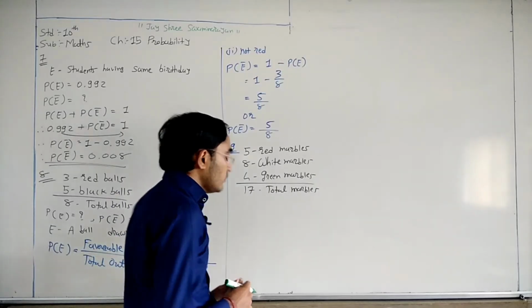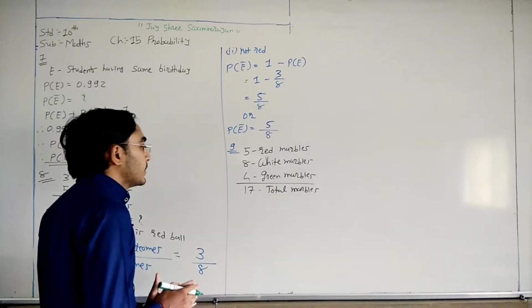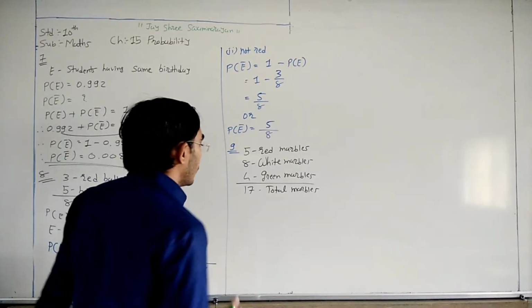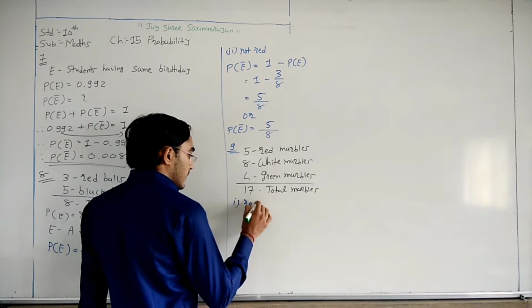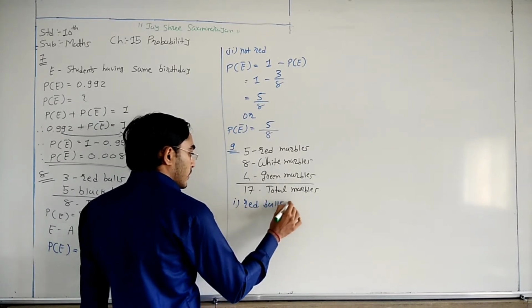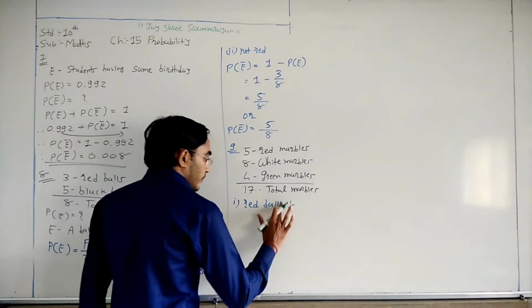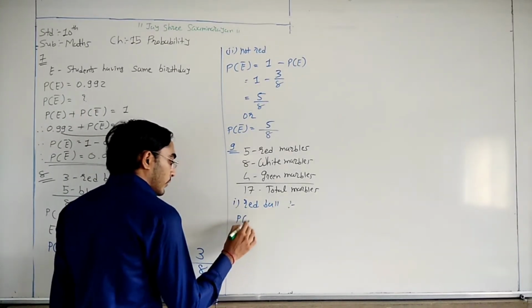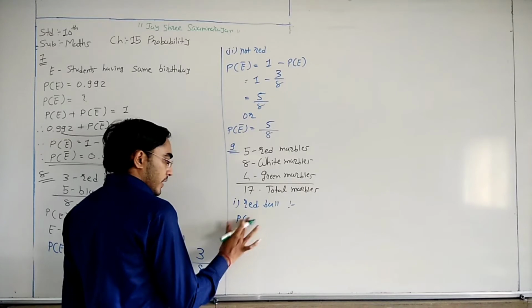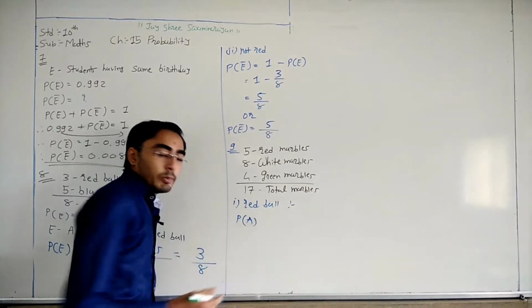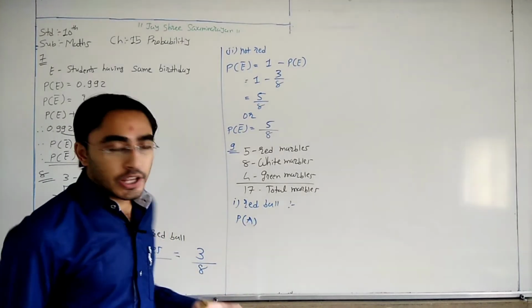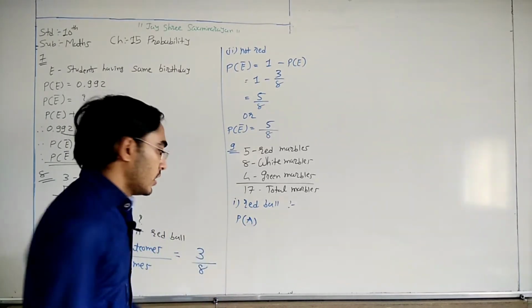Now first of all we need to find the probability for red balls. So first question is for red balls. Probability for this event, we just give them A. So probability of event A means select a red ball.